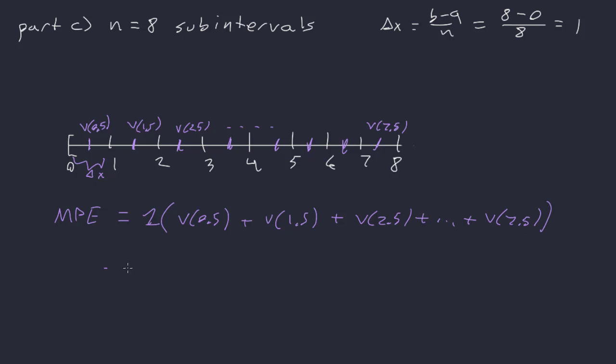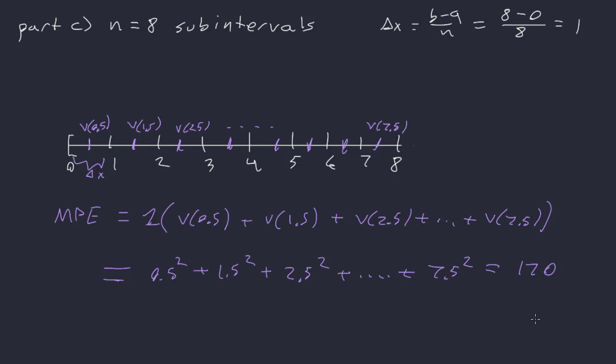This one is definitely nastier looking, because it's going to be 0.5 squared plus 1.5 squared plus 2.5 squared plus all the way up to 7.5 squared. I ended up getting about 170.